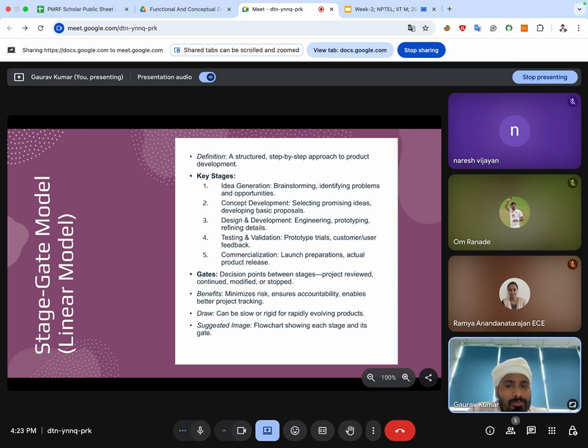First one is idea generation, like brainstorming, identifying the problems, finding market gaps and opportunities. Next one is concept development, like shortlisting ideas, creating initial sketches, developing basic proposals.